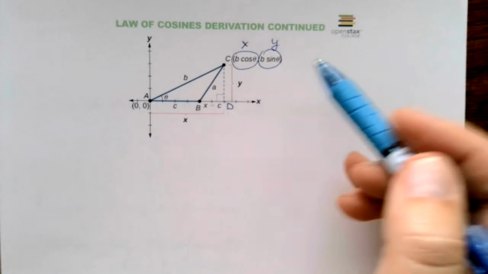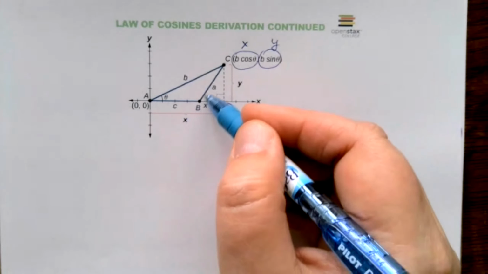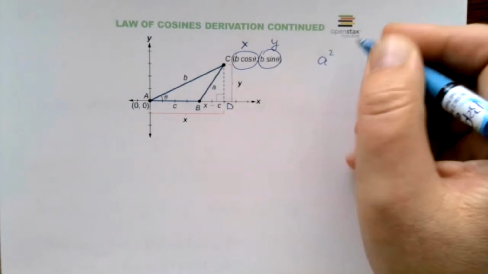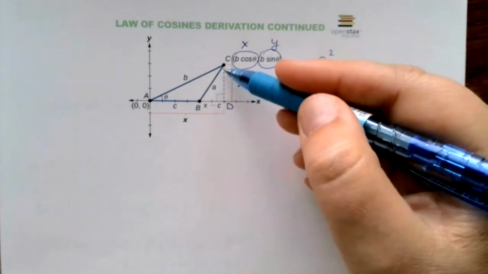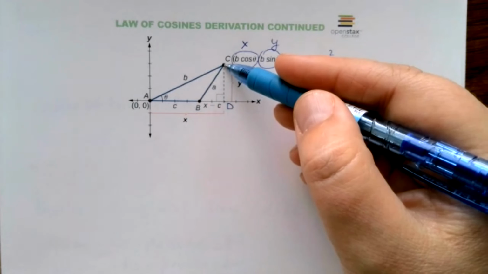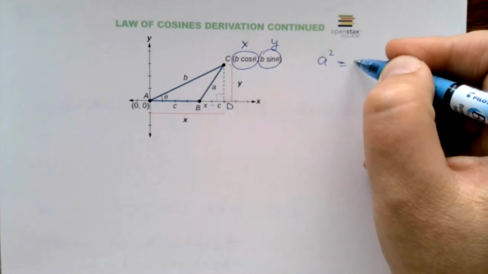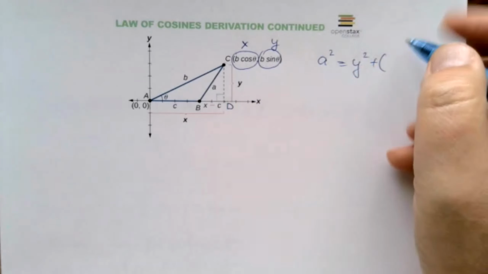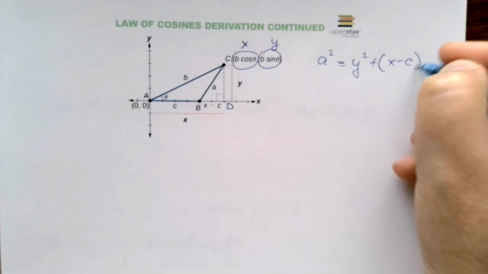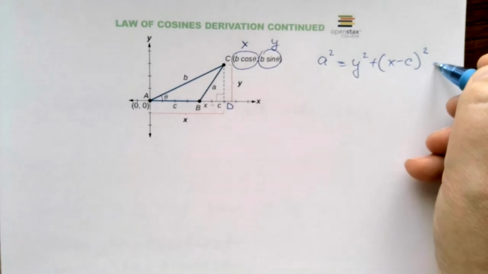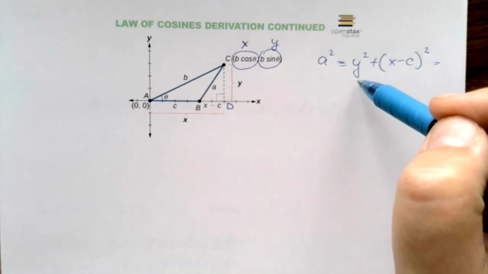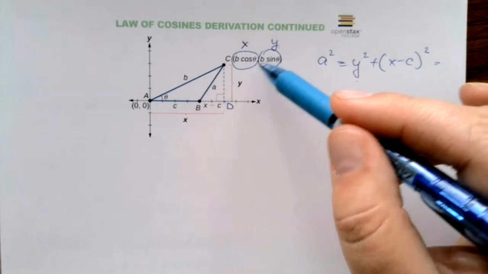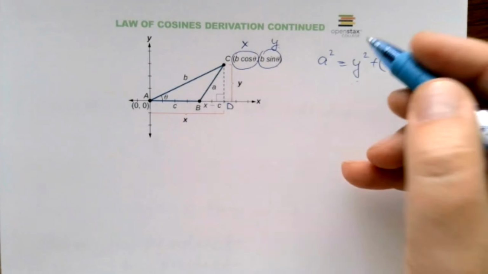So using the Pythagorean theorem, we can write that the diagonal squared, or a squared, equals the sum of the squares of the legs. So we have y squared plus x minus c squared. Now instead of x and y, I'm going to put in our expressions, b sine theta and b cosine theta.